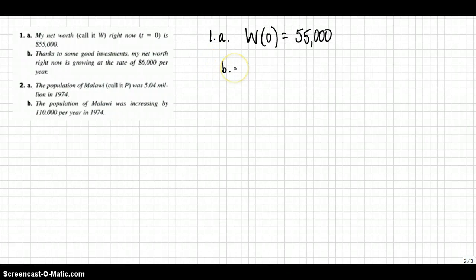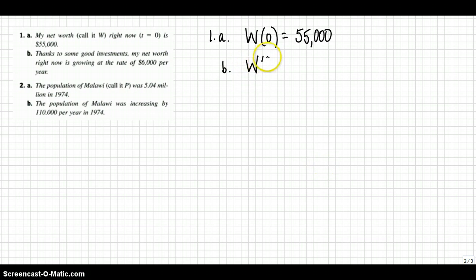1b, on the other hand, says, thanks to some good investments, my net worth is growing. When you see that something's growing or decreasing, or it says something about change, that's your tip that you're talking about the derivative, because the derivative is the rate of change. So if my net worth is growing right now, that's telling me something about w prime.